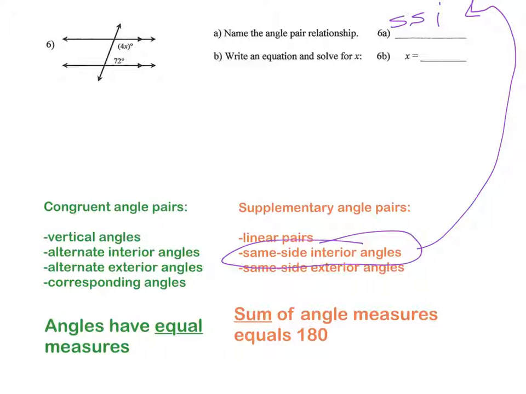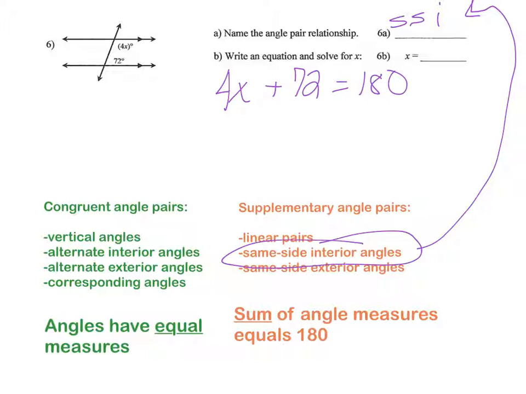So a lot like number 5, we're going to write an equation where the sum of the 2 angles is 180. So we could write, and it doesn't matter which one we write first, 4x plus 72 equals 180.